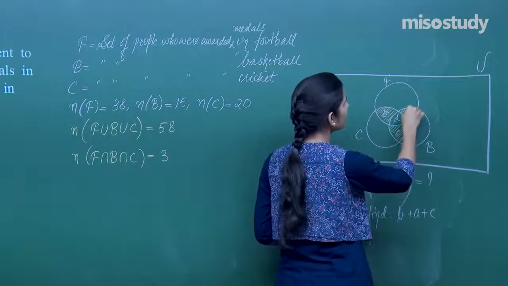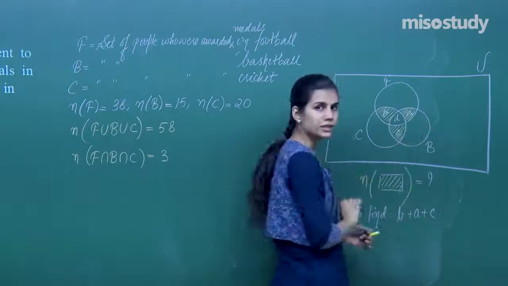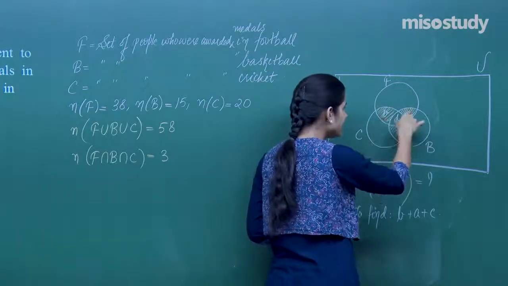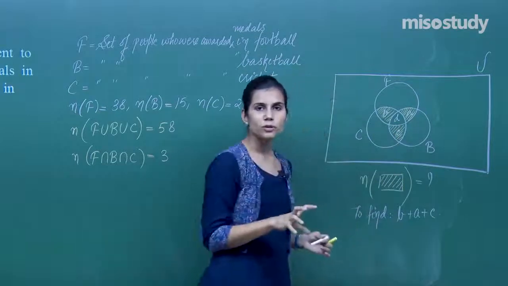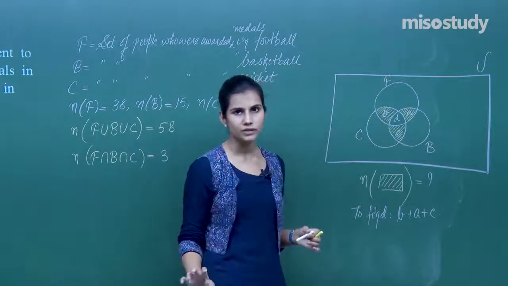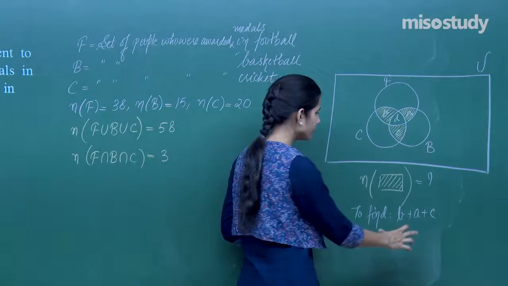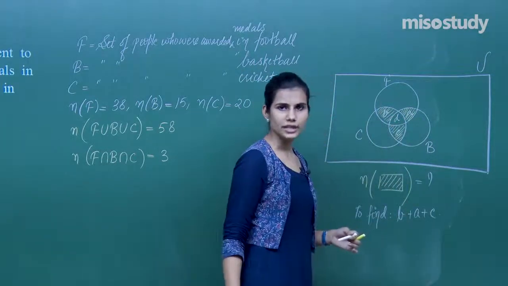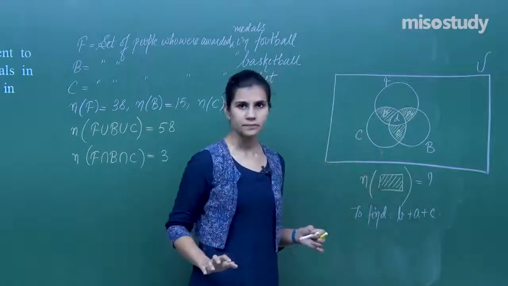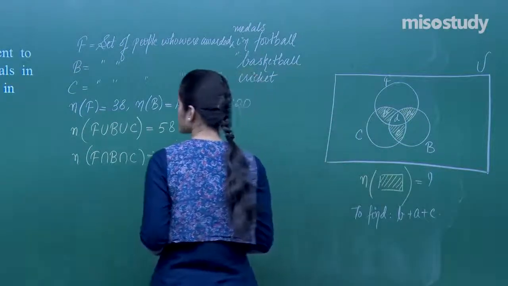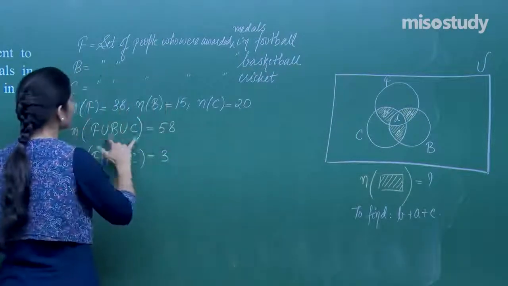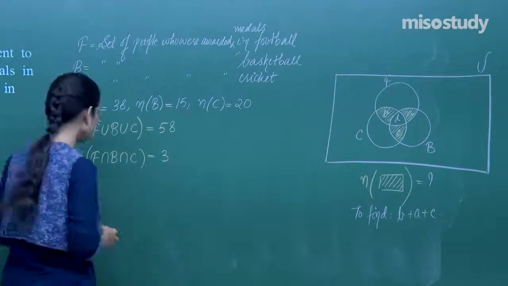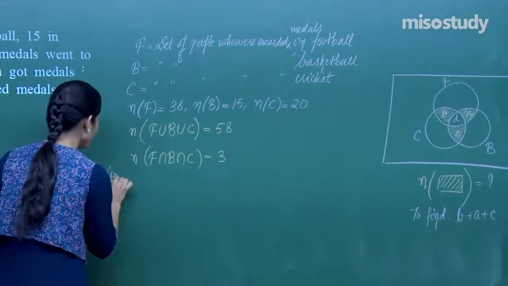And a is the number of members who played football and basketball, not cricket. So basically b plus a plus c is the number of those people who played exactly 2 sports out of the given 3 sports. Right? That is the number of members in the yellow shaded region that you can see. That is my target. Clear? Now please come back. If I am given the number of members in F union B union C, clearly I know which formula to use.